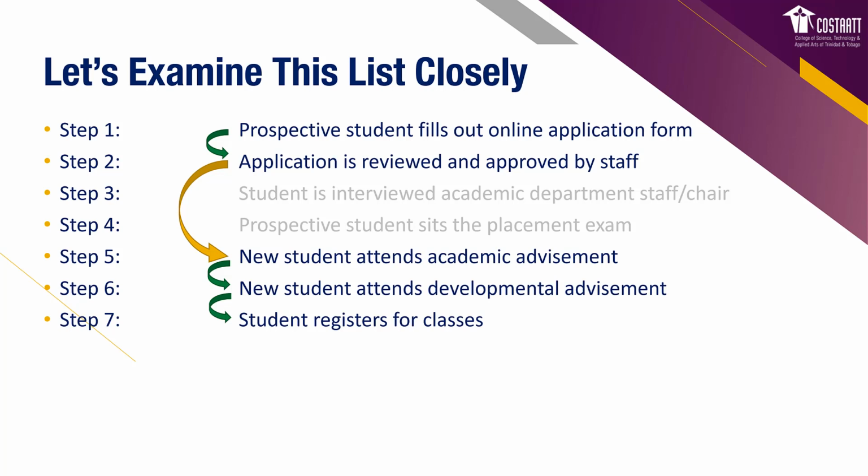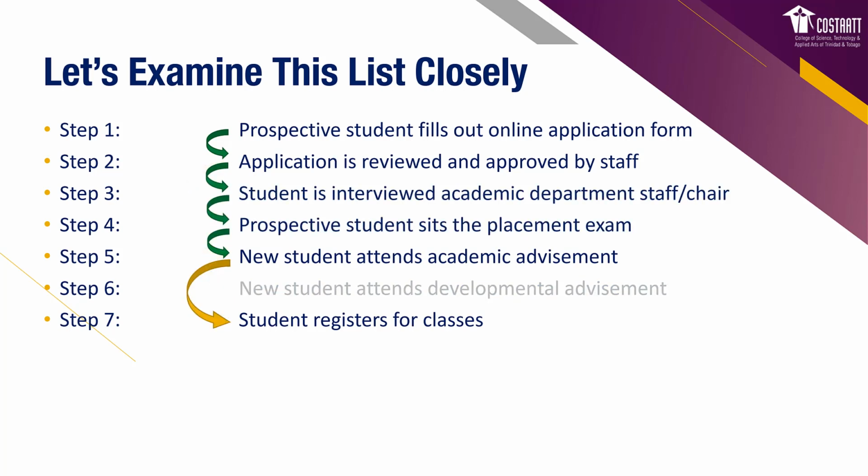So here we see that this list again is not a true representation of what actually takes place on the ground in the organization. And that is, of course, the simple truth of why lists cannot truly represent a process, because what actually happens is often different from what is written on a simple list.